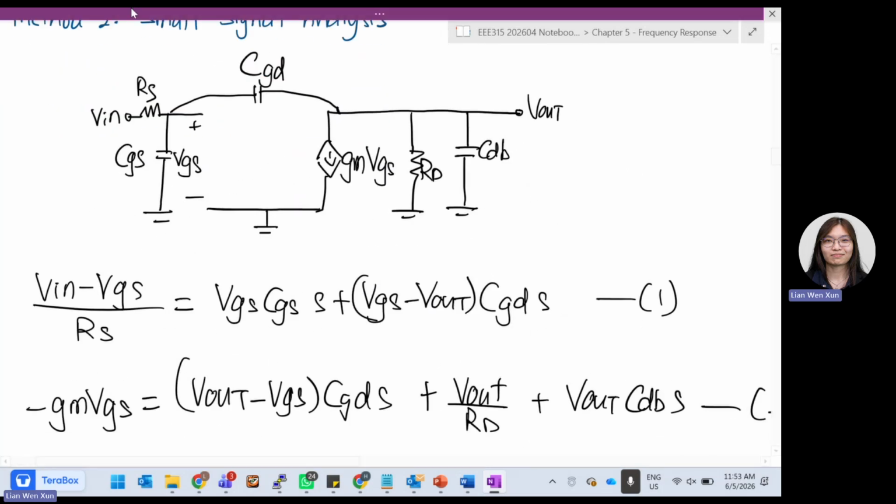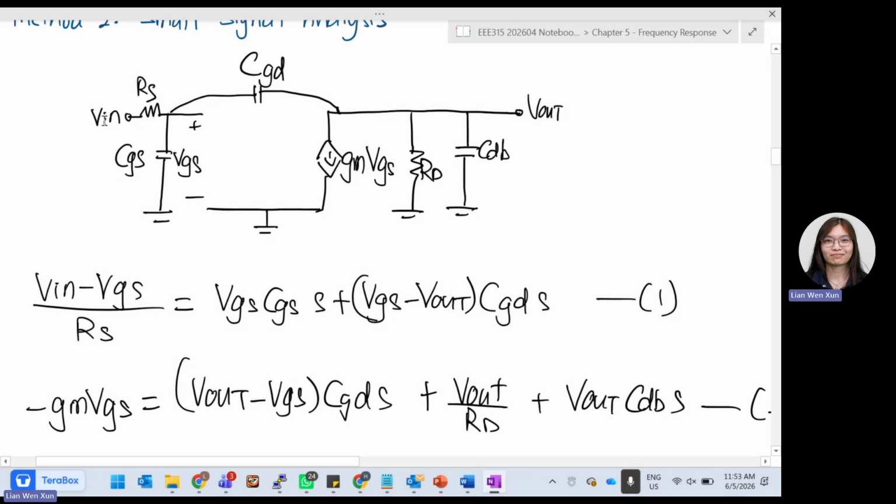let's examine. At the input side, basically, Vin minus VGS over RS, this is the current that goes in, okay? The current that goes in should equal all the current that flows into the circuit. So what are the other currents that flow into the circuit?